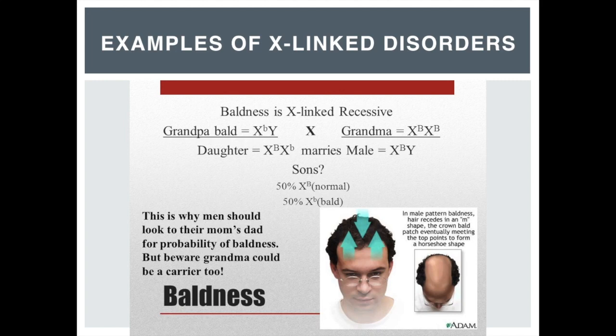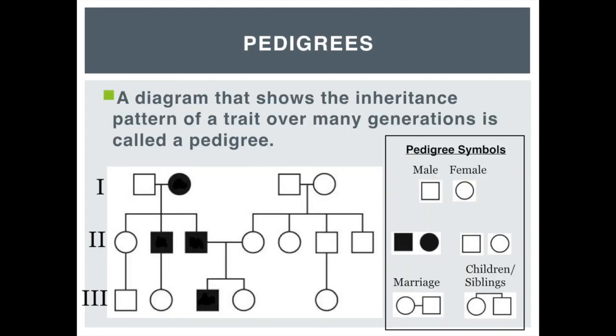Not in all cases, but okay, this leads us to our last thing, and these are the charts, a diagram that shows a type of family tree. This family tree shows how genetic traits are passed on. Okay, so a pedigree is going to have a key that shows the male and female.